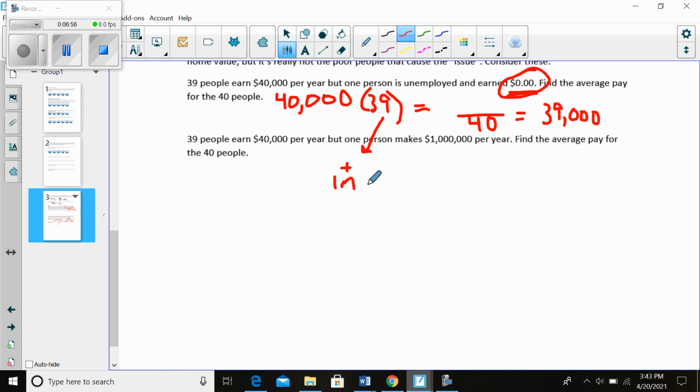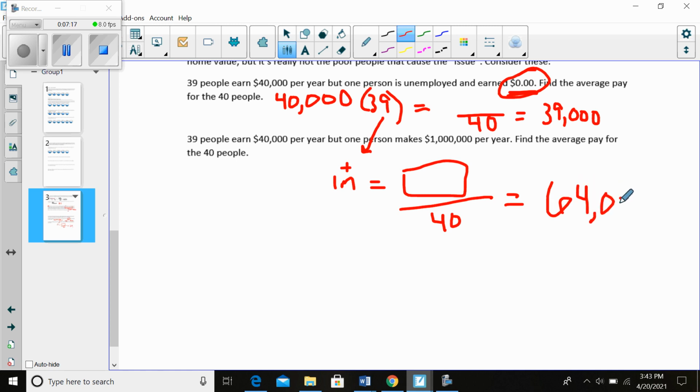I'm just going to put 1M, right? And then I do that, take that answer, divide that answer by 40, and look what happens. I get 64,000, right? That is not even close to being representative of what's typical of people's earnings.